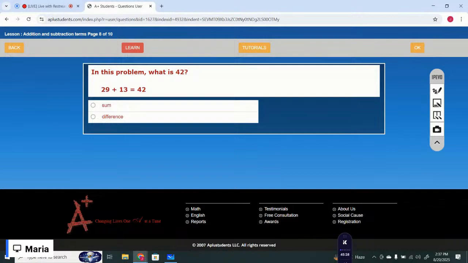In this problem, what is 42? 42 is the sum. Option number 1 is the correct option.